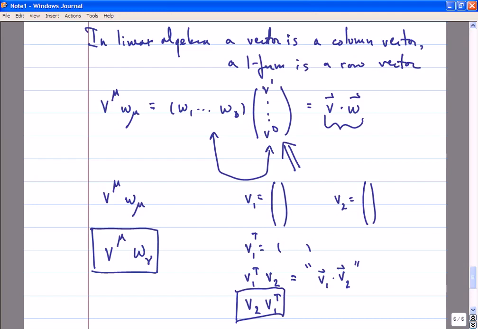V mu and W nu are numbers. They always commute. One of the advantages of using index notation is that I never have to worry about whether multiplication commutes or not. When you're talking about matrices or differential operators or whatever, they don't always commute. But if you use index notation, everything commutes. Everything's just a number.